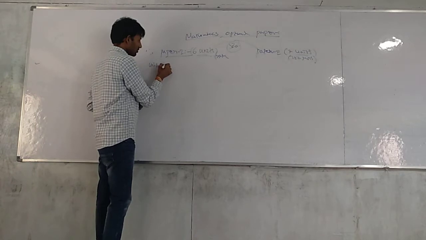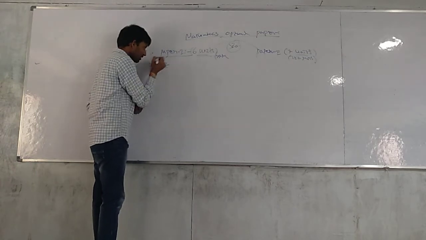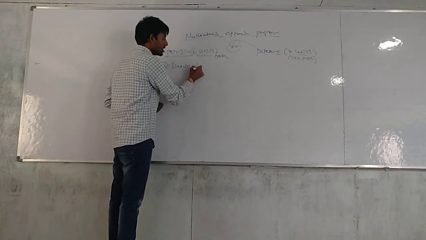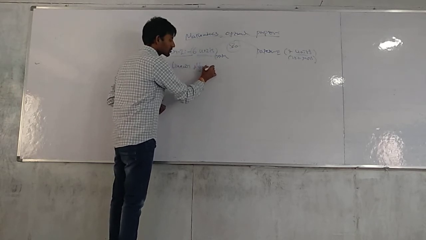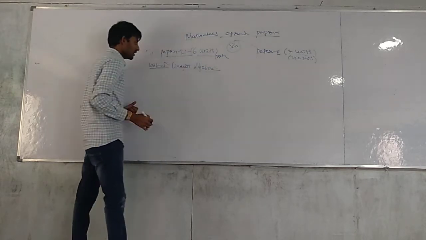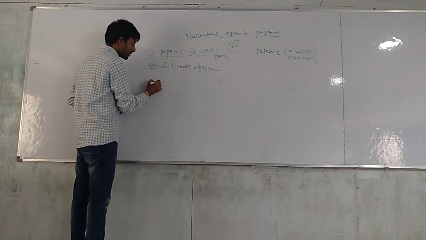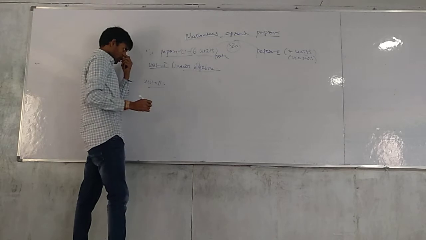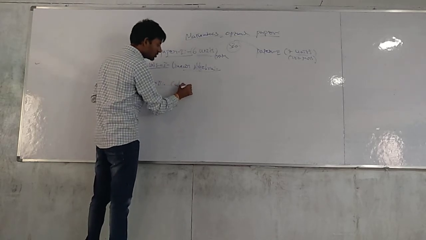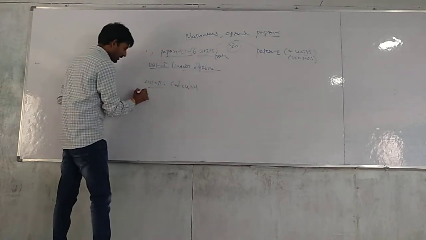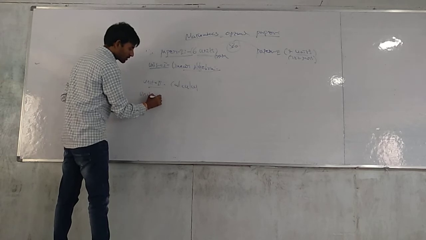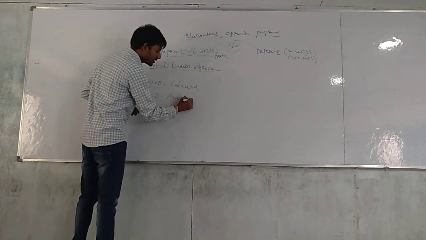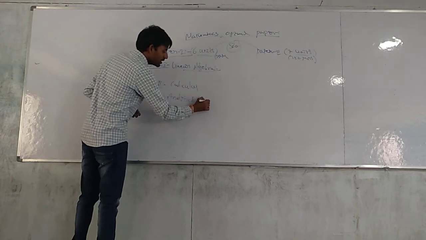So what is unit 1? Linear algebra. Paper 1, unit 2, calculus. Unit 3, analytical geometry.